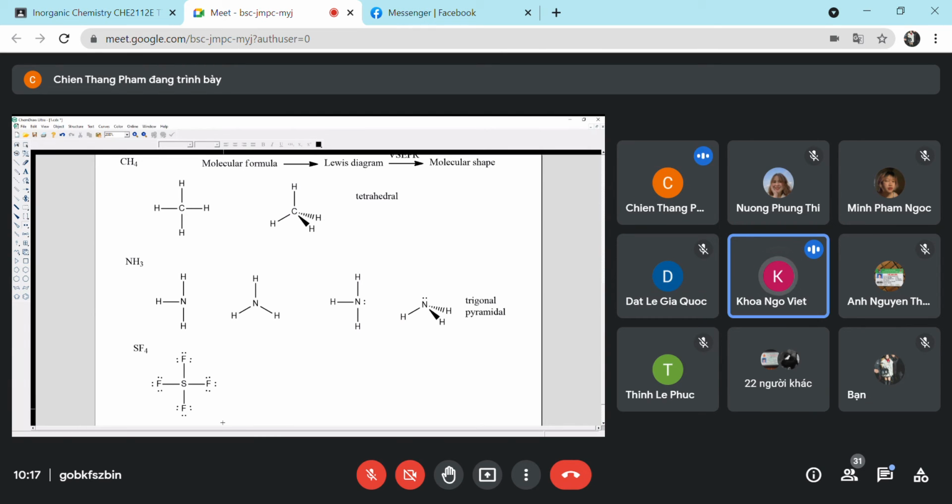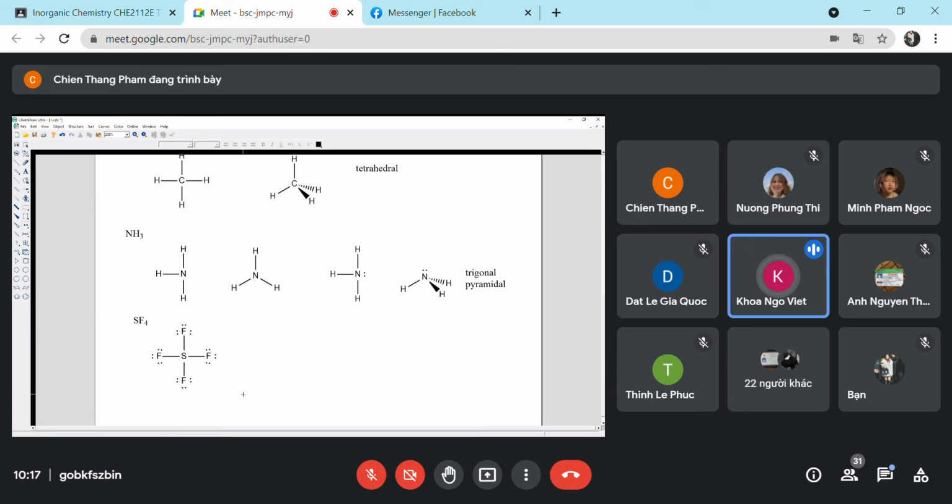I think the sulfur lacks one pair of electrons. Okay, so this one needs one more pair of electrons.